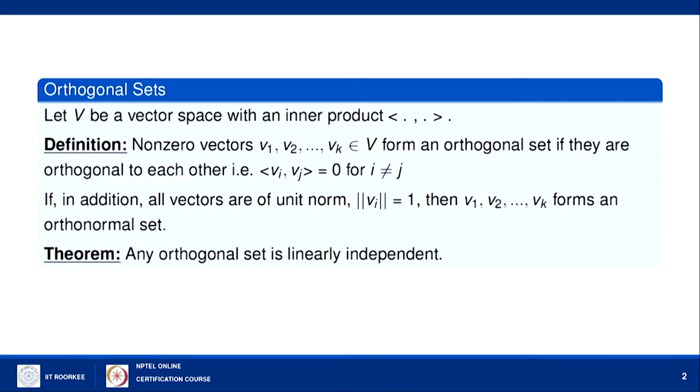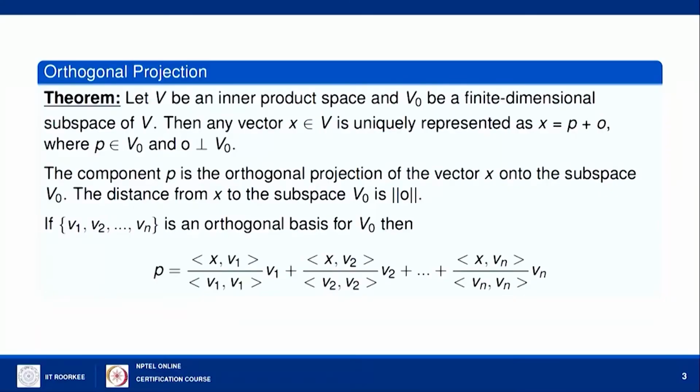Again, if you have an orthogonal set, then it will be linearly independent, but the converse is not true. So, if you have a set of k vectors that is orthogonal, obviously those k vectors will be linearly independent.